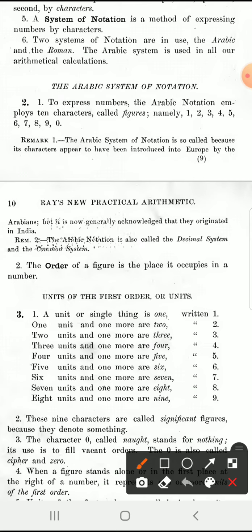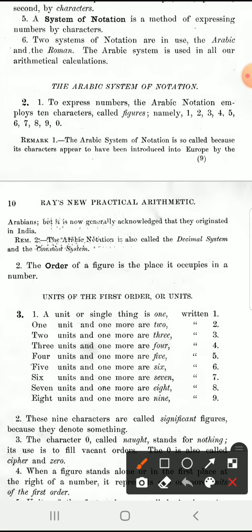In our first lesson we learned the definition of a unit and number. We also learned what arithmetic is. We learned that arithmetic is the study of numbers and the computation, or the art of computing by them. We learned that there are two ways to express numbers, in words and with characters, and that a system of notation is a method of expressing numbers with characters.